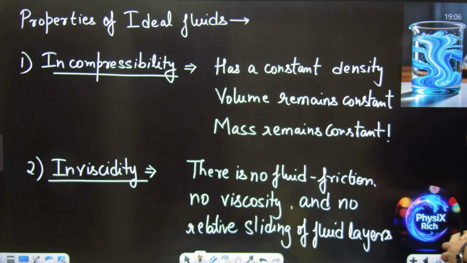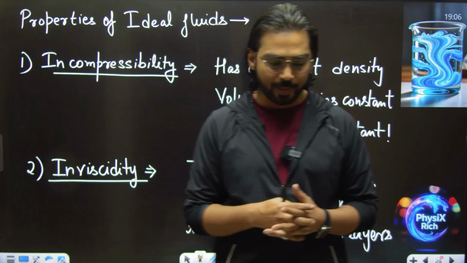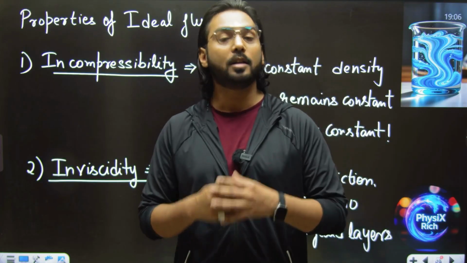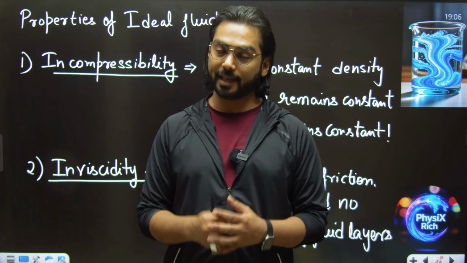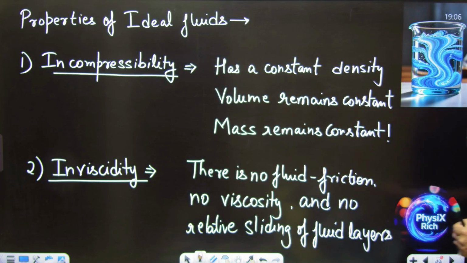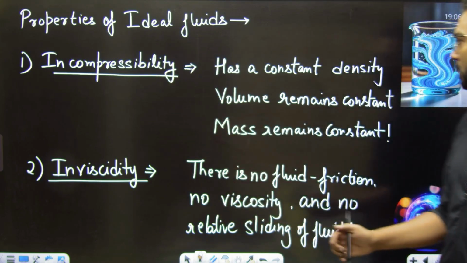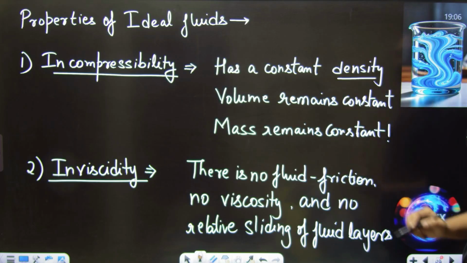Now we move on to something called ideal fluids. So guys, we have been talking about what ideal fluids are. Now it's time that we exactly define what they are. Ideal fluids have a few properties. They are incompressible, and by incompressibility, I mean that they have a constant density.